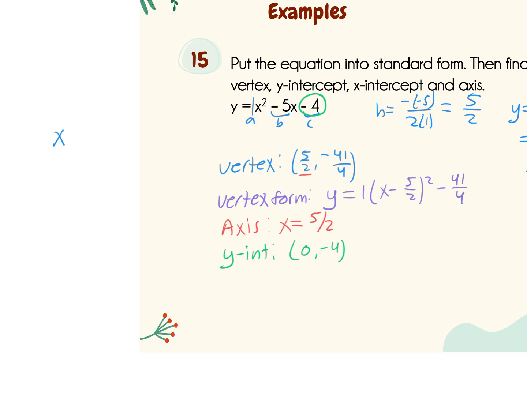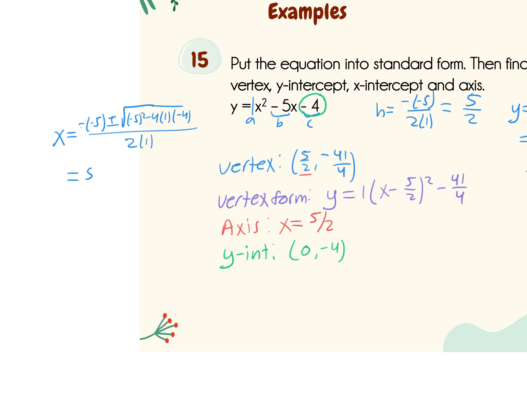So I'm going to do x equals negative b, so negative 5 plus or minus the square root of b squared, so negative 5 squared, minus 4ac, 4 times 1 times negative 4, over 2a, so over 2 times 1.